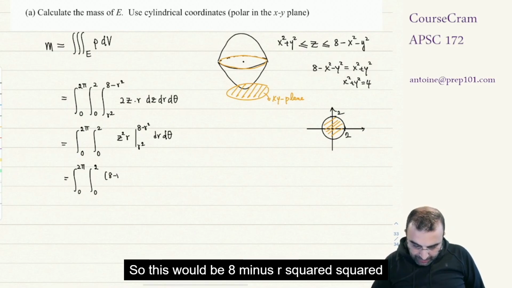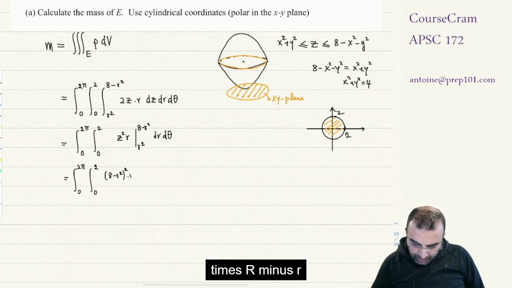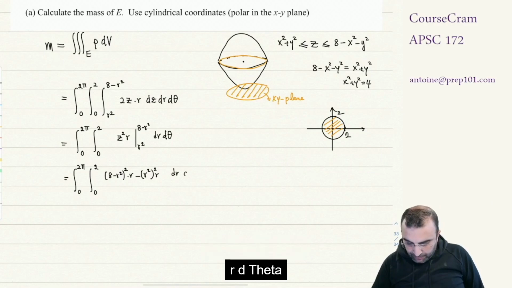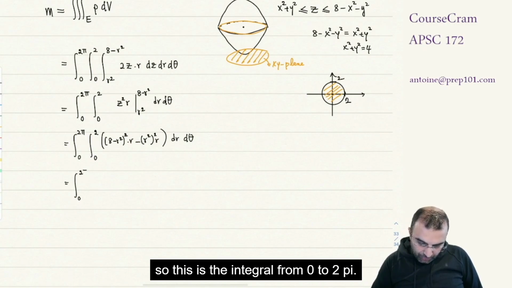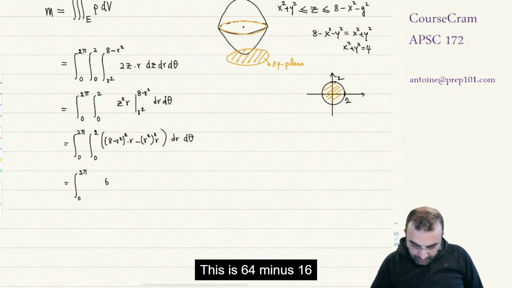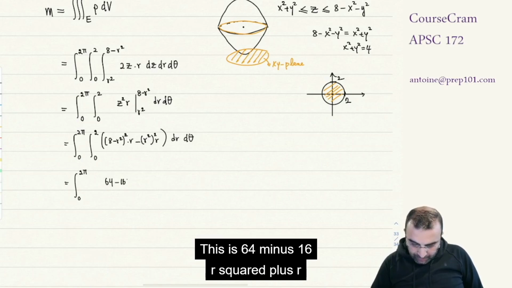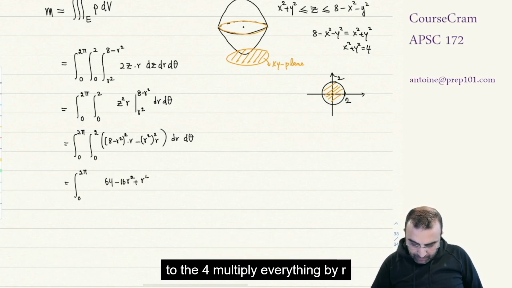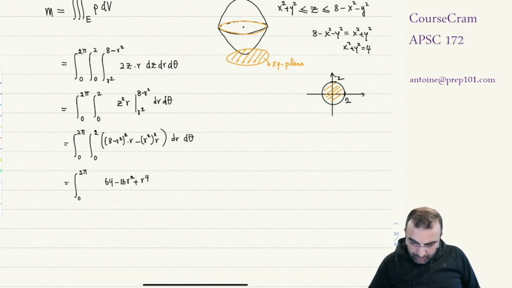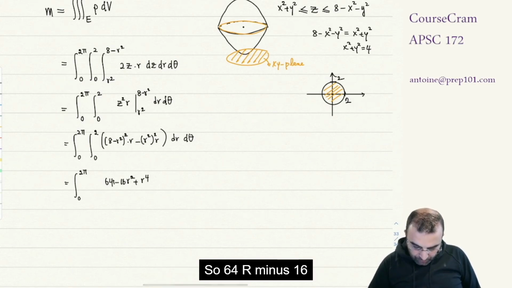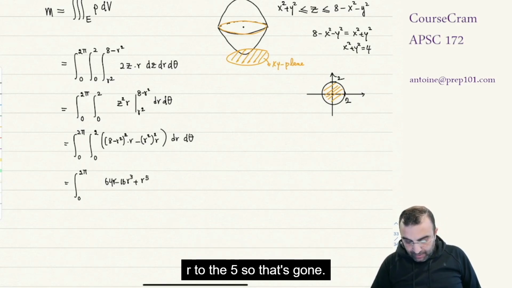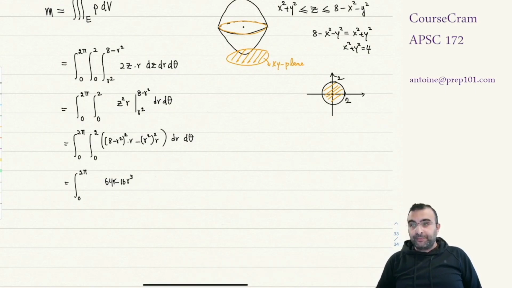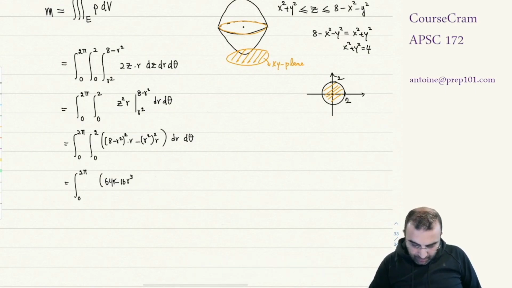So this would be (8 minus r squared) squared times r minus (r squared) squared times r, dr d theta. So this is the integral from 0 to 2 pi. This is 64 minus 16r squared plus r to the 4. Multiply everything by r. So 64r minus 16r cubed plus r to the 5 minus r to the 5, so that's gone.